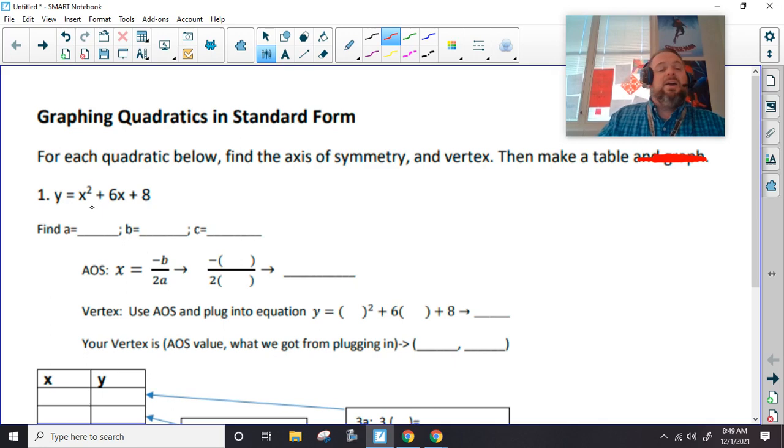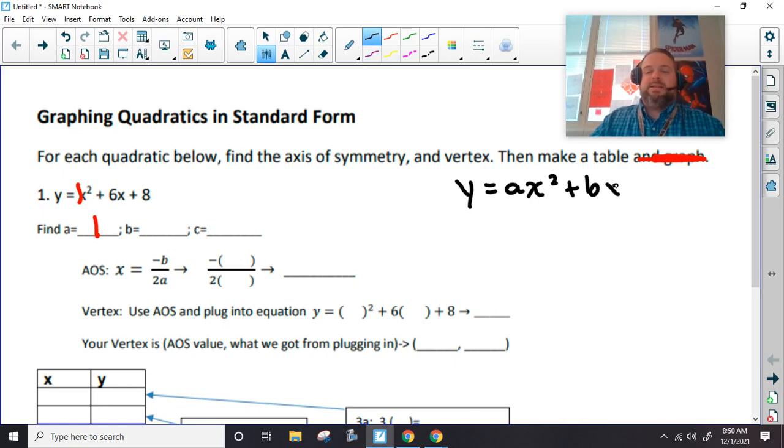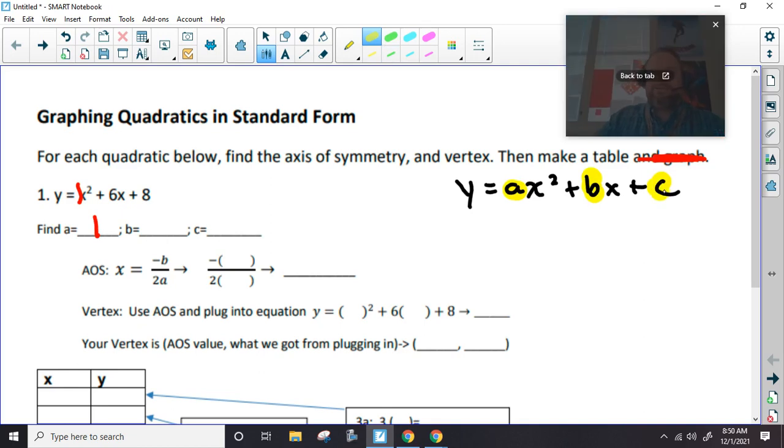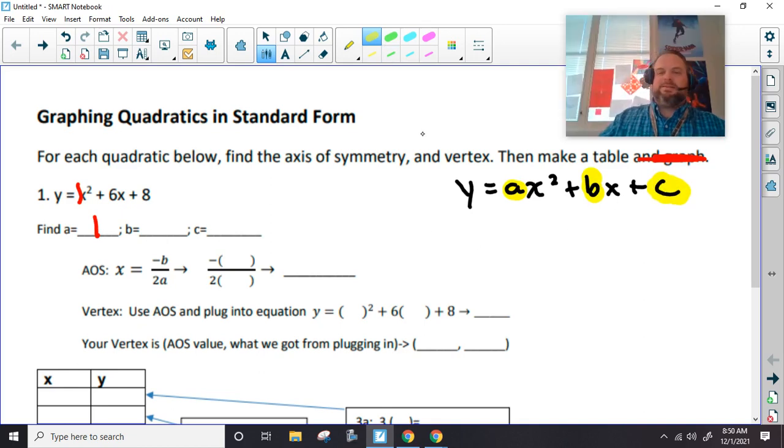Okay? All right. For number 1, what is our A? Yeah, 1. All right. And if you forgot from yesterday, or may have been absent, or was physically present but mentally absent because you might be talking when I am, remember A is the number in front of the squared, B is the number in front of the X, and C is just the lonesome person without anything.